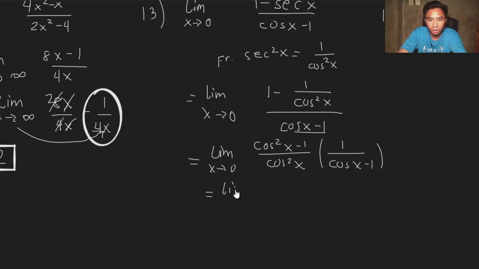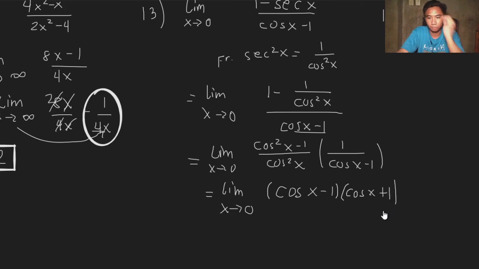So, again, ito, i-break, gagawin natin siyang cosine x minus 1 is the same as, yan, parehas lang siya. Tapos, cosine x plus 1. All over ito, so cosine squared x multiply to cosine x minus 1. So, cancel.